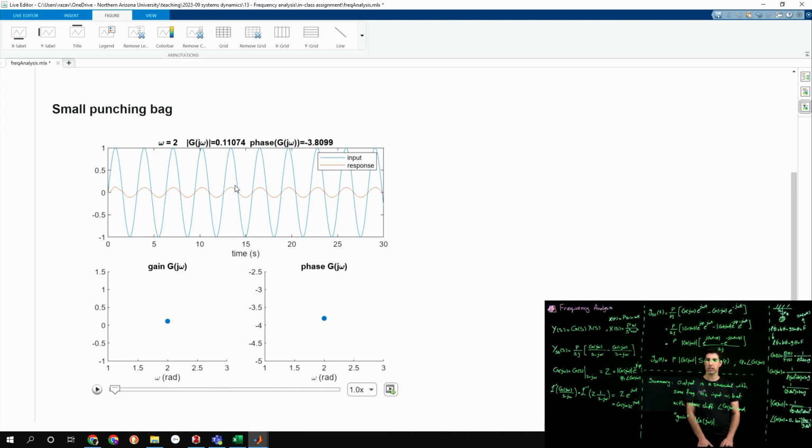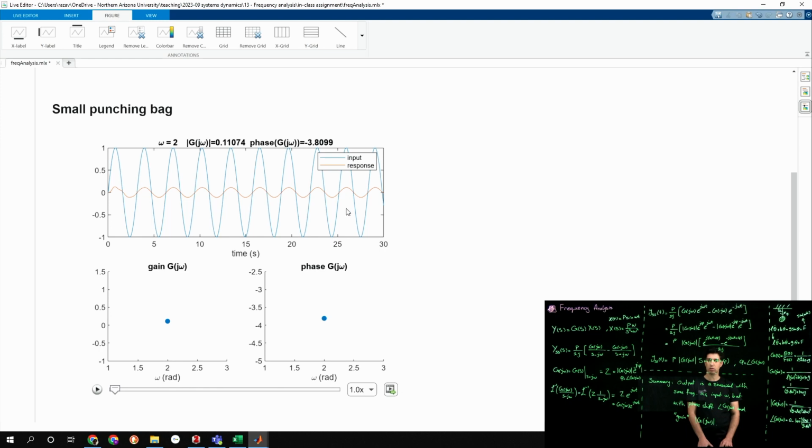And you can see at the beginning there is some transient. It is not exactly sinusoidal, but toward the end it becomes completely periodic and sinusoidal. And the amplitude of this response is 1, the amplitude of input, multiplied by this number, and it is exactly the same value, 0.11.